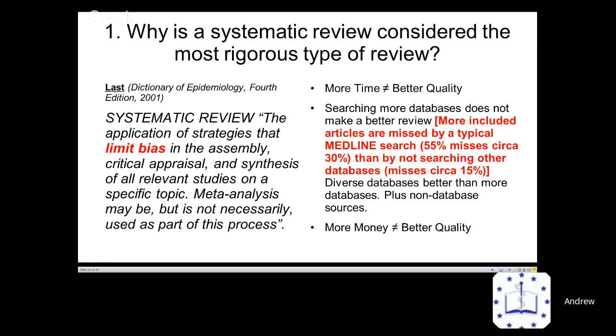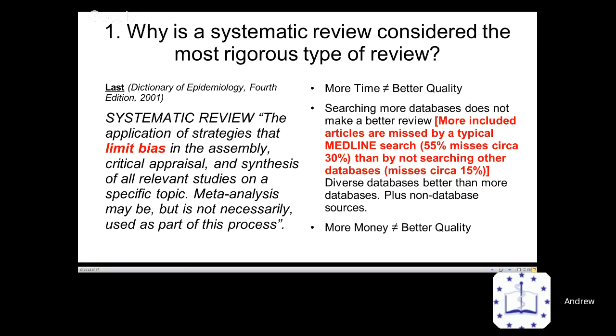However, searching additional databases will only add another 15%. So the take-home message, the practical message here, is that doing a good Medline search will make more difference to a systematic review than searching multiple databases.